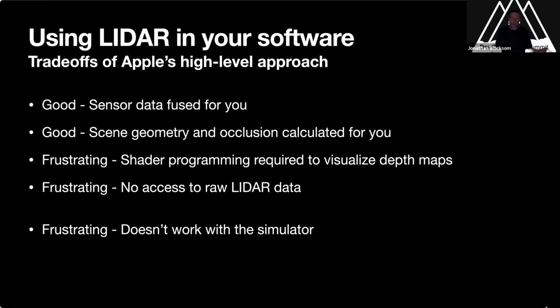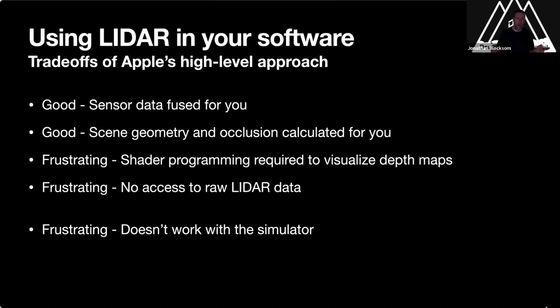It's great because we don't have to know the algorithms to code it. We don't have to be experts on SLAM, simultaneous localization and mapping, or any of these fancy computer vision things that are used to build a 3D model from this data. All we have to do is turn on ARKit and say, hey, we want some depth data, and then we're able to get it and use it.